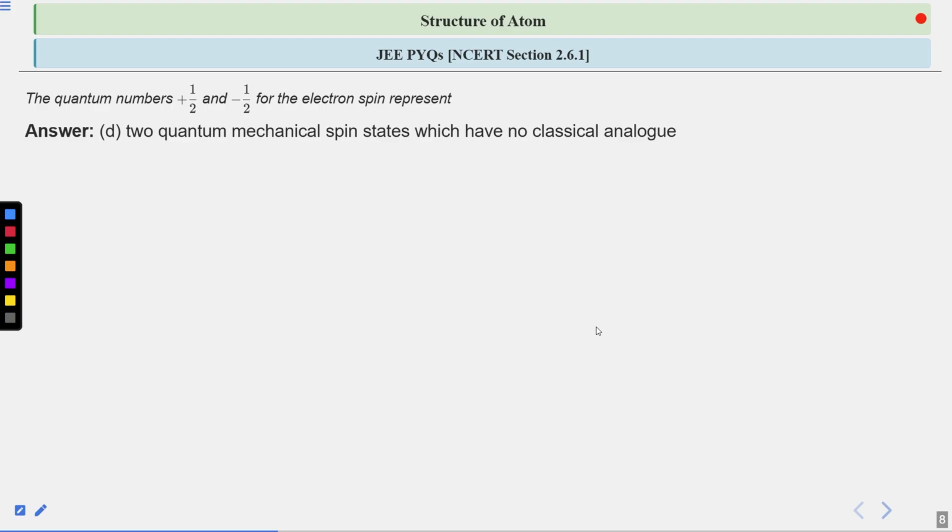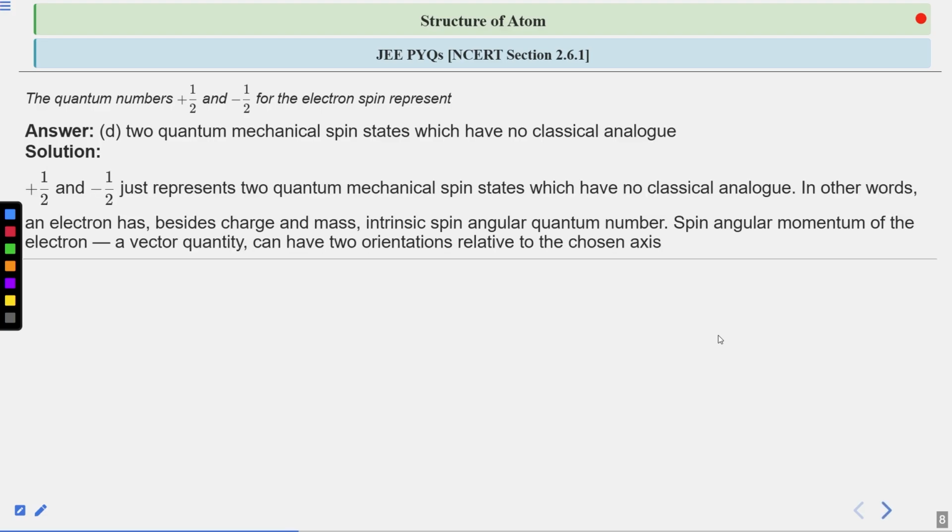Similar to that, your electron's spin also has no physical appearance or classical analog. It is intrinsic to that electron, right? You will not see an electron revolving on its axis. It will not revolve like a top or like a planet.